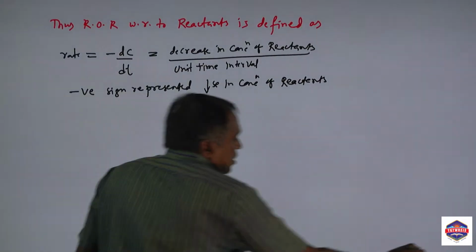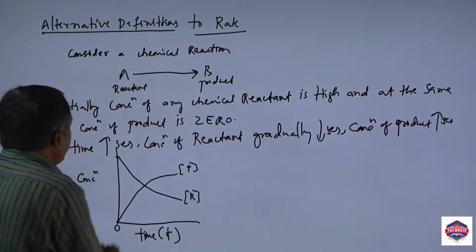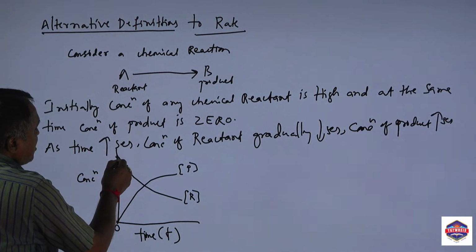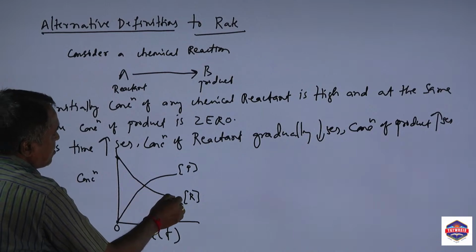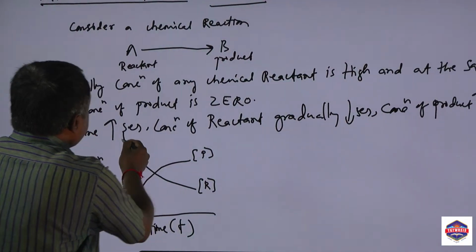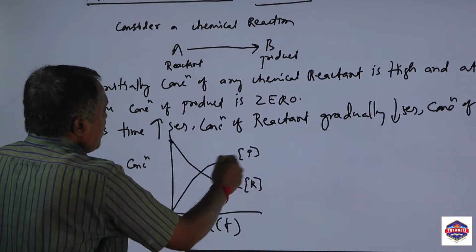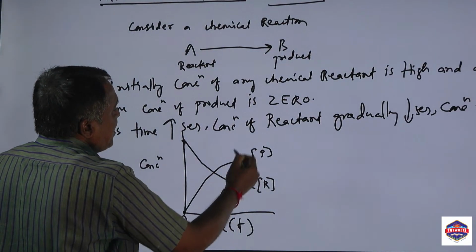Because as time increases, concentration of reactants gradually decreases. So this particular graph indicates that as time increases, concentration of reactants decreases, and at the same time concentration of product is increasing.